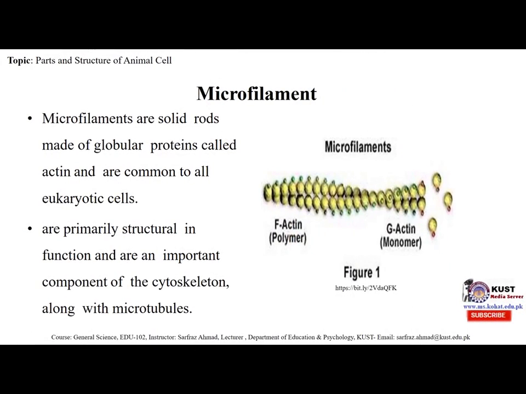Then microfilaments are there. These are solid rods made up of globular proteins called actin, and are common to all eukaryotic cells. These are primarily structural in function and are an important component of the cytoskeleton along with the microtubules.